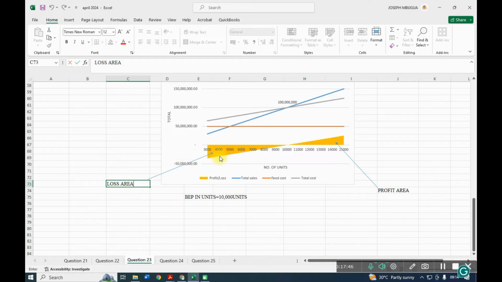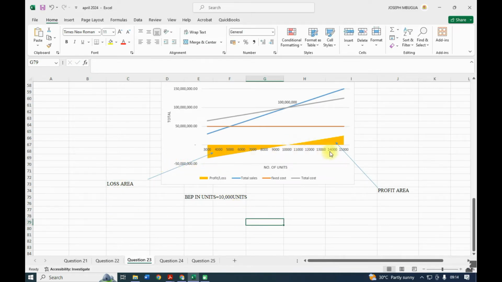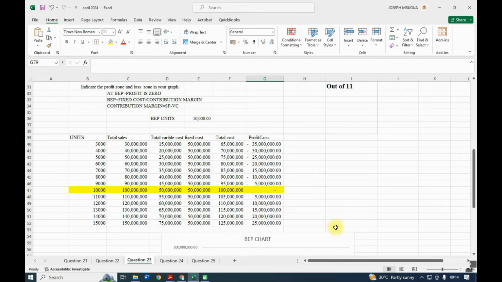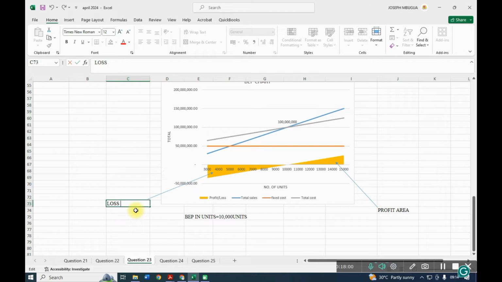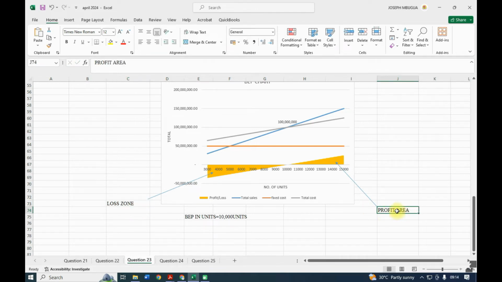So this is the loss area, and this is the profit area. So that's what we were supposed to indicate, the profit zone and the loss zone. Let me just change this to loss zone and profit zone.